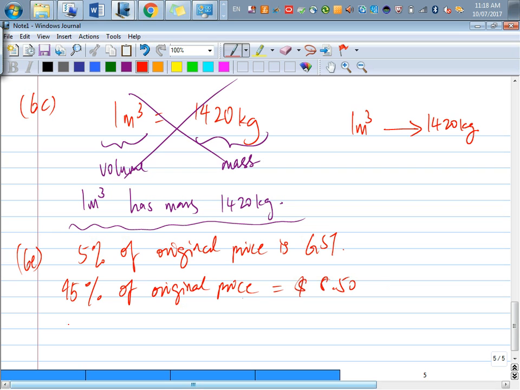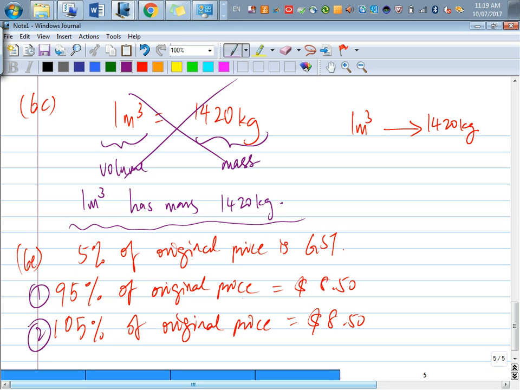Or should we say 105% of original price equals to 8.50? Which one is correct? Number 1 or number 2? Who has difficulty deciding?